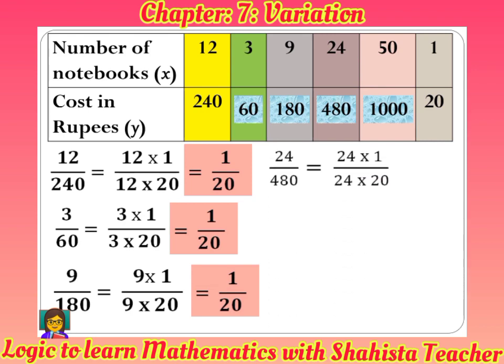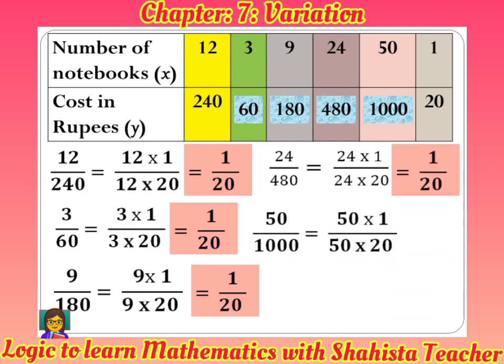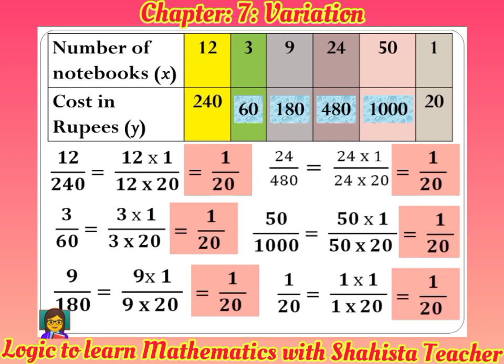Now here it was 24 upon 480, so 24 ones are 24 and 24 twenties are 480. Is that clear? So simply we write 24 ones are 24 and 24 twenties are 480, so 1/20. 50/1000, so 50 ones are 50 and 50 into 20 is 1000, so 1/20. 1/20 is nothing but 1 into 1, 1 ones are 1, and 1 into 20 is 20.